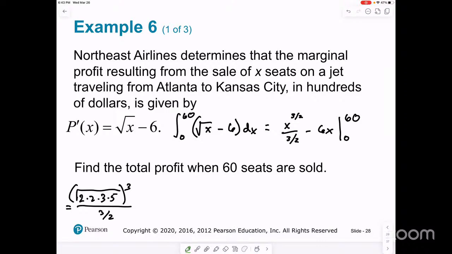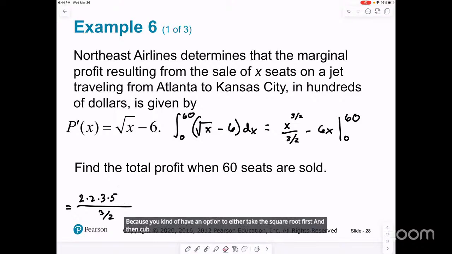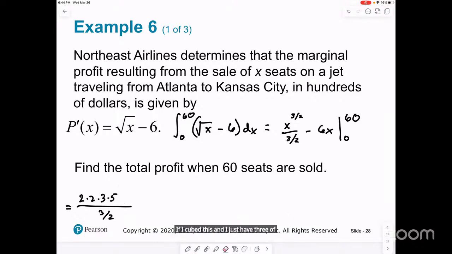Actually, I think I'm going to do it the reverse direction. Because you kind of have an option to either take the square root first and then cube your final answer. If I cube this, then I just have 3 of everything, right?